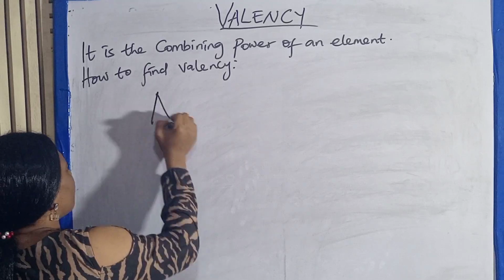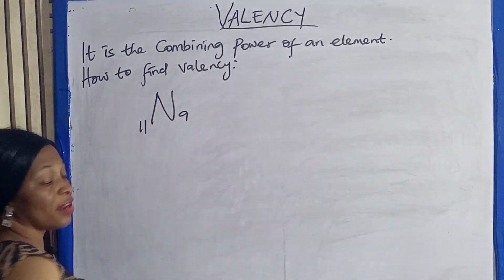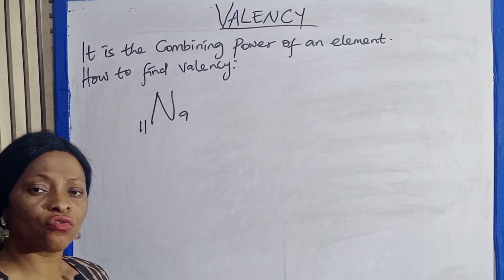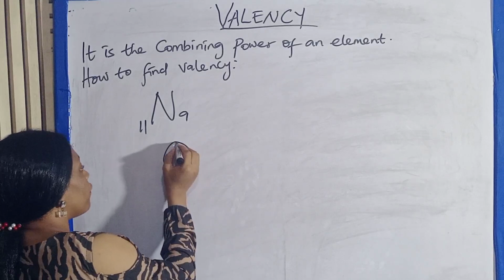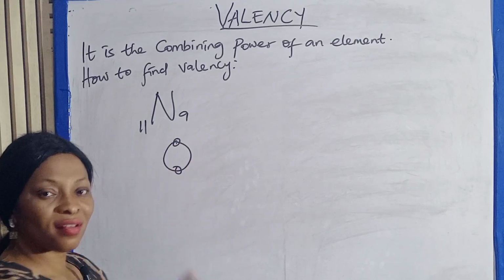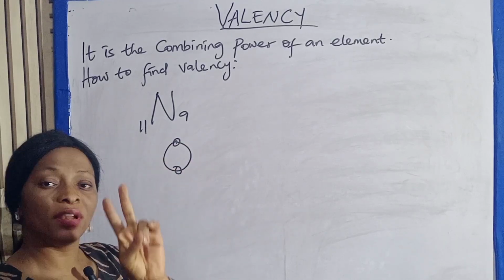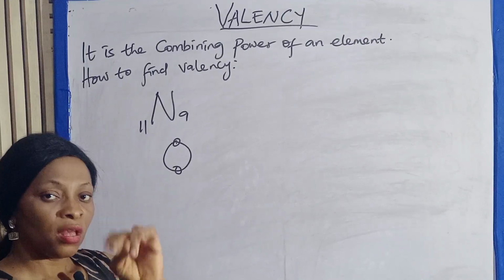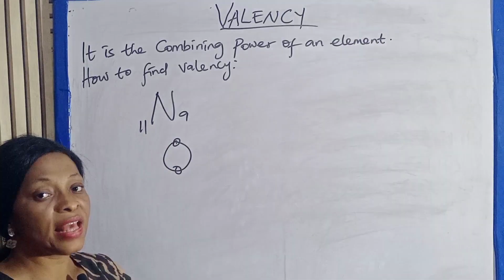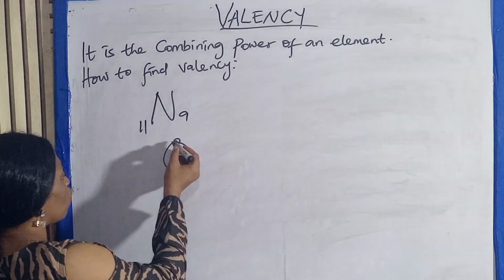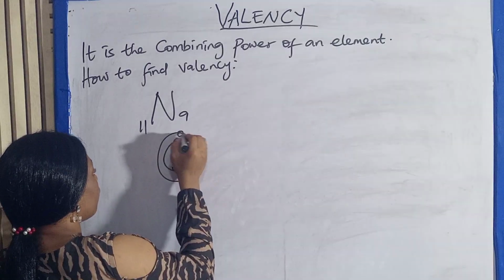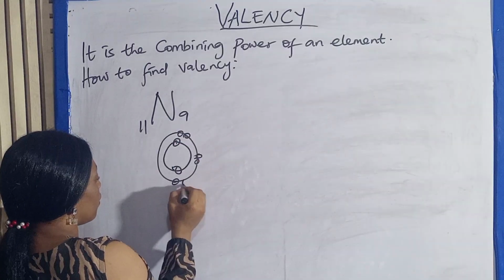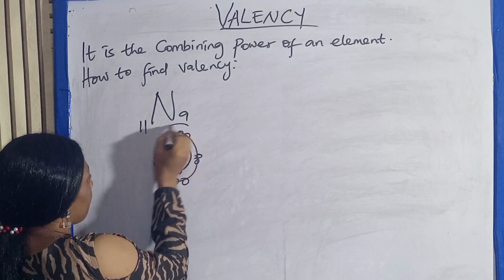Now, the atomic number of sodium is 11. So let's draw sodium. The first shell can only accommodate 2 electrons. Then the other shells can accommodate 8 electrons. So this is 1, 2, 3, 4, 5, 6, 7, 8, 9, 10.